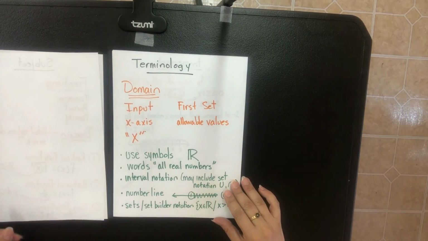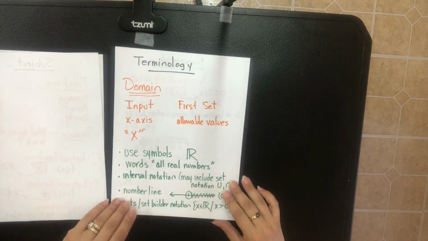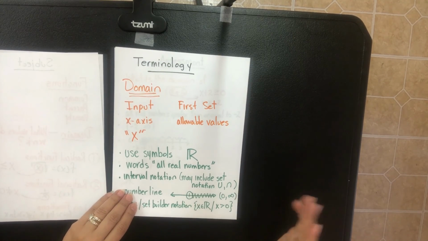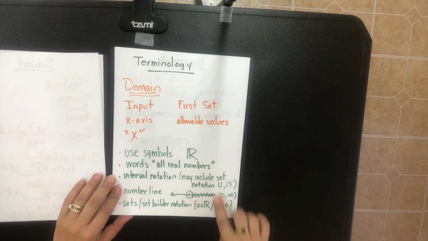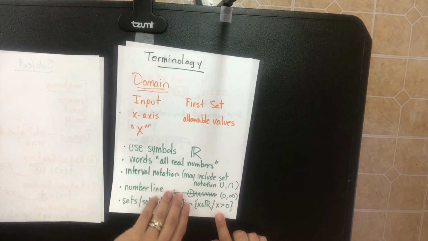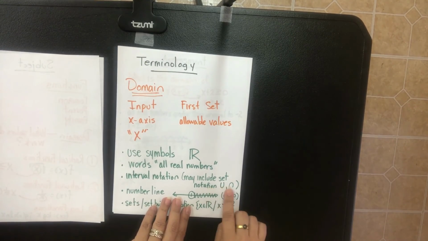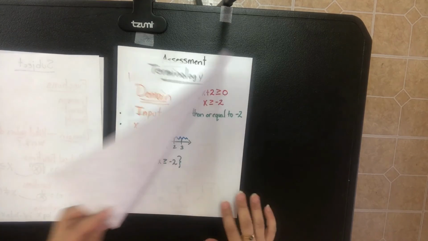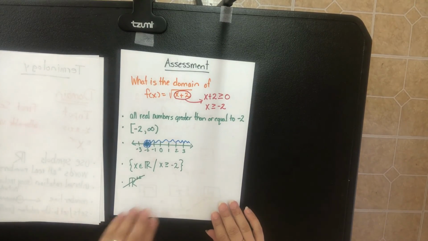The terminology: different words that are used for domain, input, x-axis, actually the x, even the first set, allowable values, and the different ways to notate the domain. I also want to let you know that sometimes when we use these unions, there could be more than 2 or 3 intervals that we're connecting. We looked at an example of an assessment.